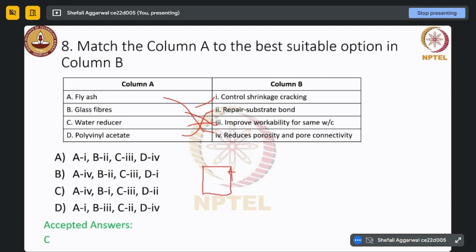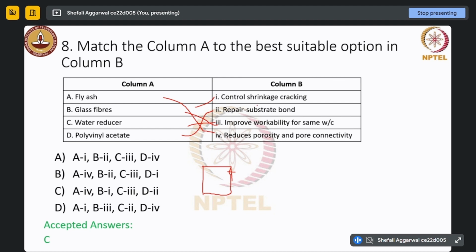Sorry, hello, can you repeat? Actually, glass fibers are used for increasing the flexural strength of concrete, because they bind through all the micropores. Hmm. So how does that control the shrinkage? I don't understand. It is not controlling the shrinkage, it's just controlling the cracking due to shrinkage. See, as you yourself said, it is improving the flexural strength of the concrete, right?